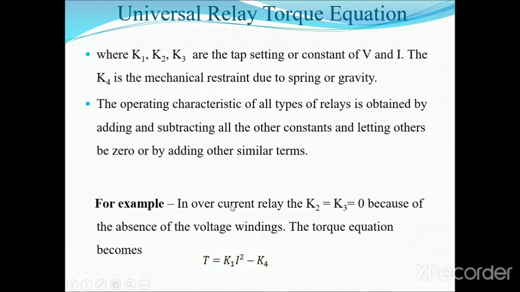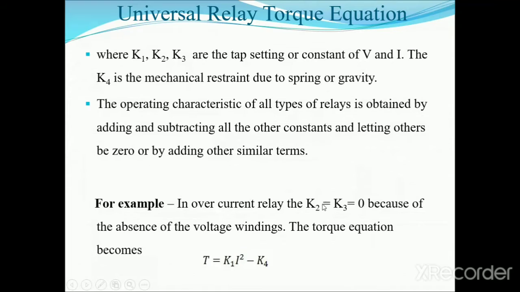This is the overcurrent relay torque equation: T is equal to K1 I square minus K4. Why? Because we substitute K2, K3 equal to 0, since in an overcurrent relay there is no voltage winding. Then the torque equation for the overcurrent relay is T is equal to K1 I square minus K4.